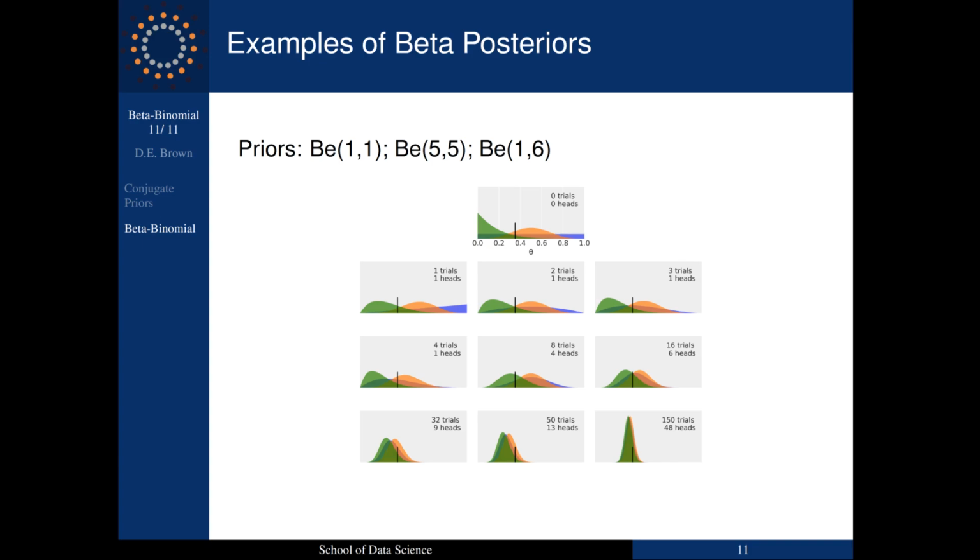Although the one that also moves quickly is the uninformed one, the beta 1,1. But in the end, they all move to where the true value of theta is, and they all give you a nice distribution around the true value.